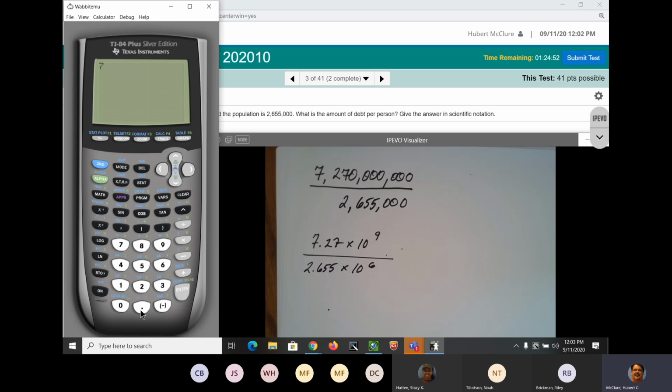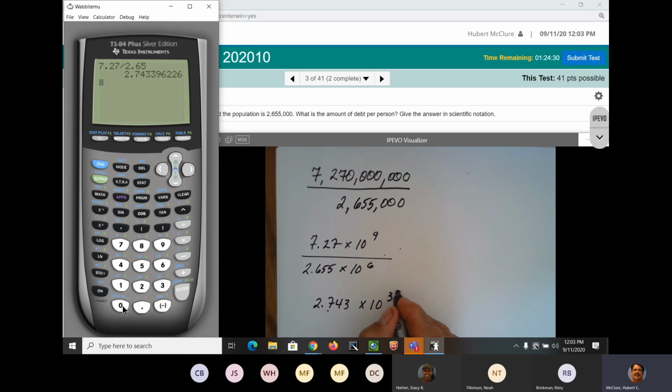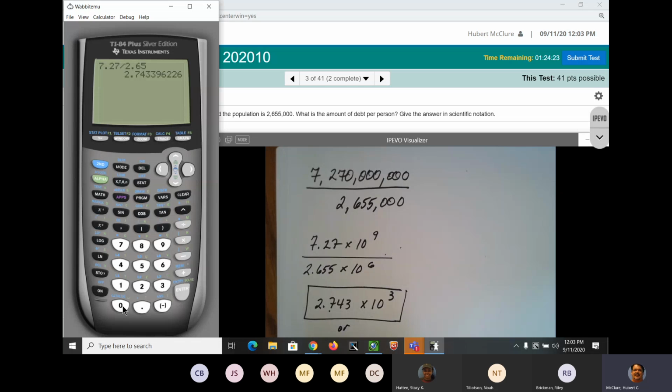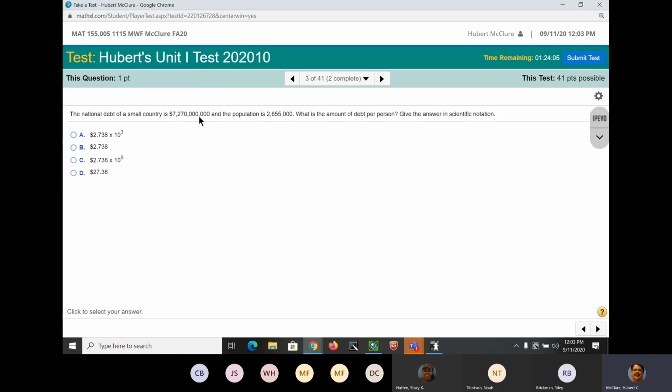Just basic math. 7.27 divided by 2.655. 2.743. 2.743 times 10 to the 3rd power, or 2,743. So let's type that in. 2,743.